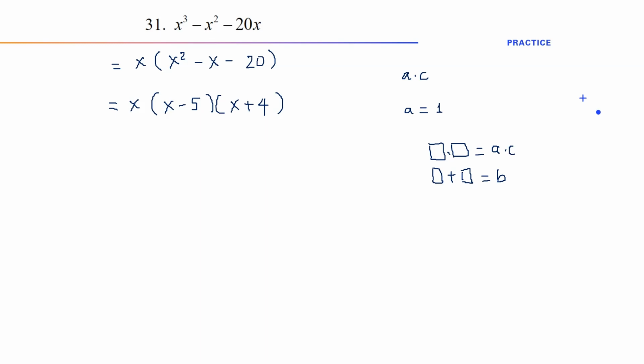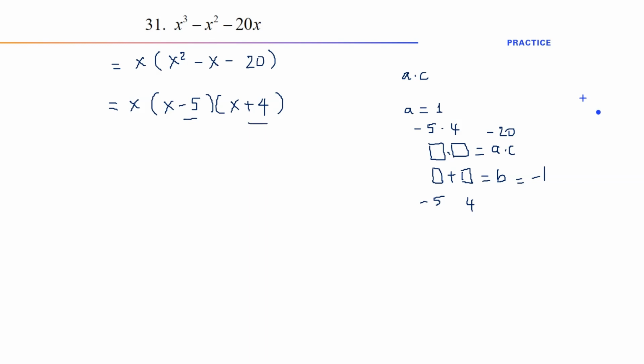So if I find that A times C is negative 20, I can find that B equals negative 1. So I will find that I have 5 and 4, and I have 5 and 4 here. To make it negative, it has to be negative 5. So I just put them in those positions.